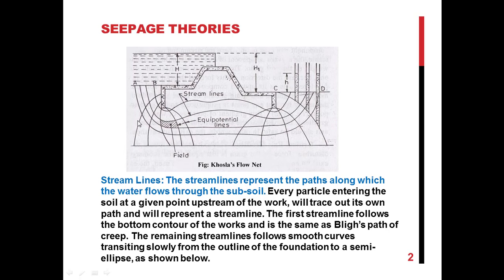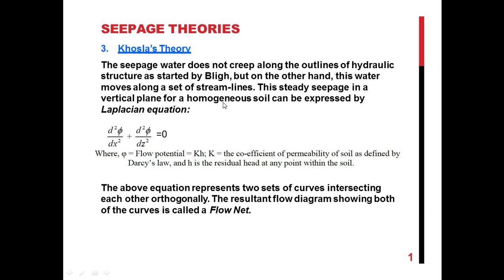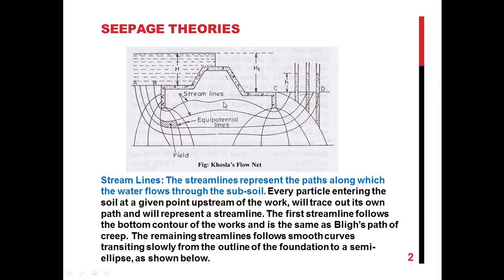When these lines join each other, they represent a flow net, or the resultant of these flow lines showing the flow net. This is called the flow net.